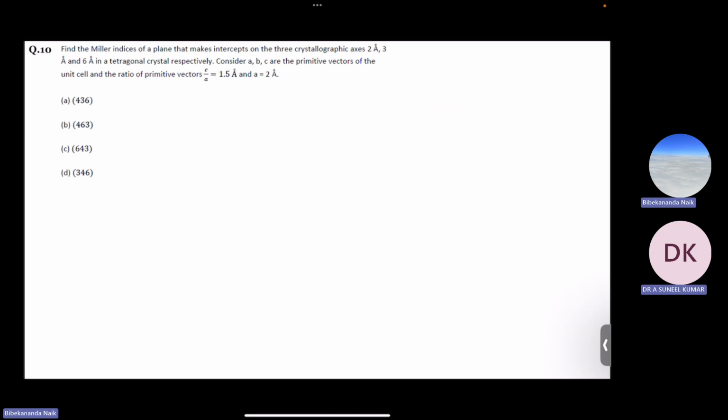C is equal to, I got 3. Yes. So now C by A is 1.5 given. Next, A is equal to 2, so 2 by 2. Next, B is equal, actually, I have some doubt in B.